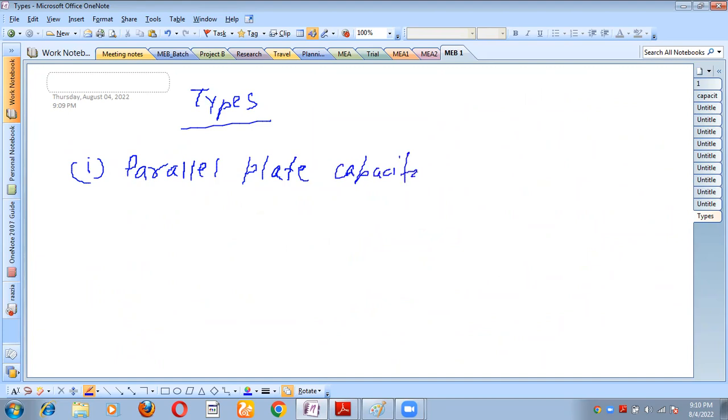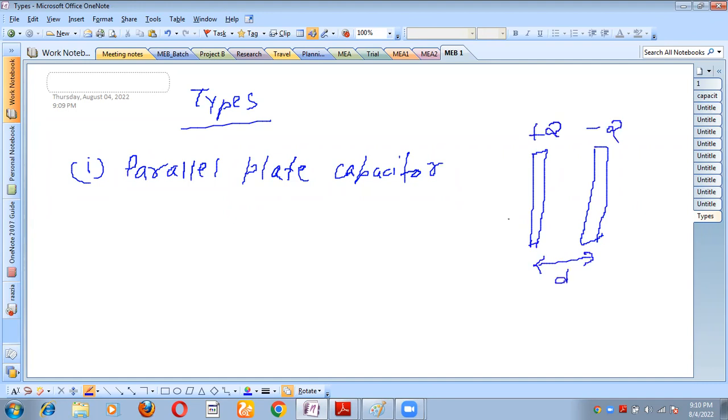In this, what we generally know is that we have two conductor plates parallel to each other and the charges are equal, plus Q and minus Q, and we have some separation between the plates and their area is, suppose, A. So such a combination forms a parallel plate capacitor.